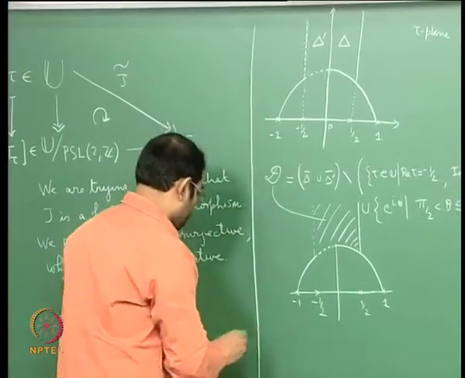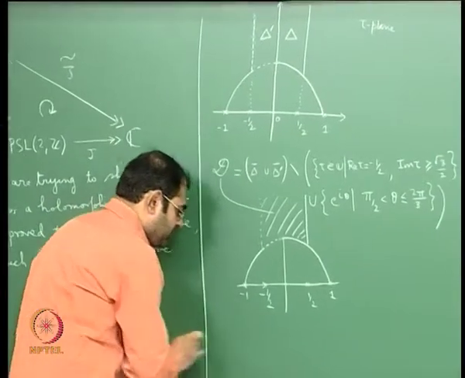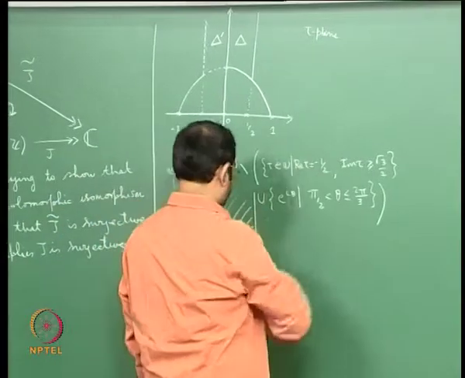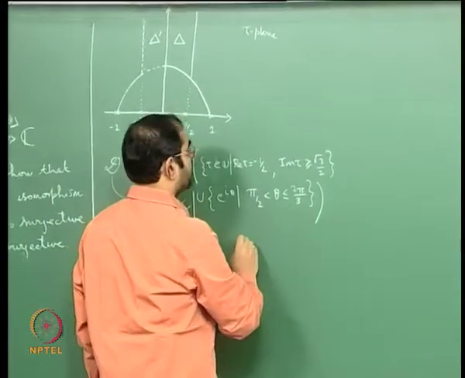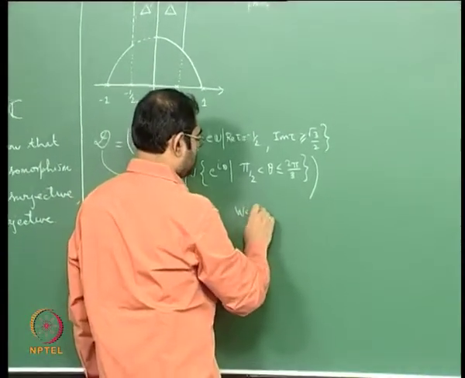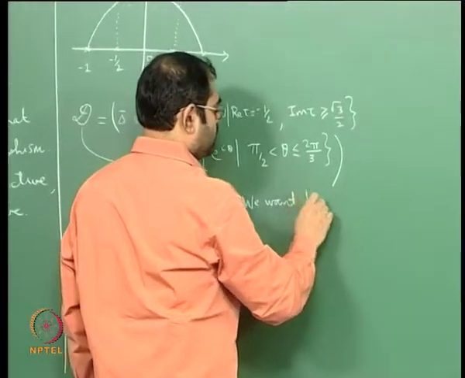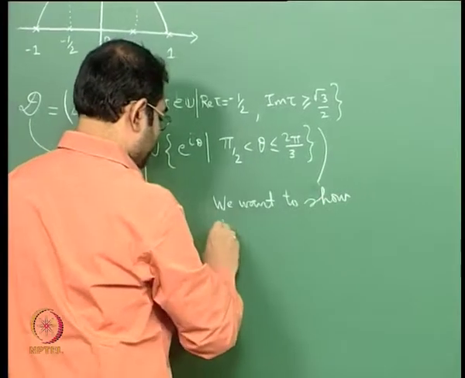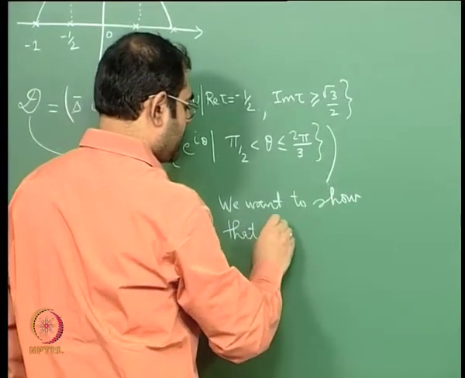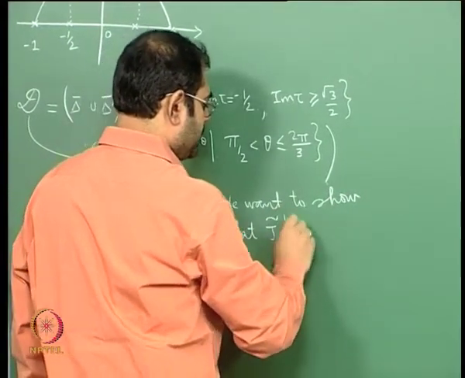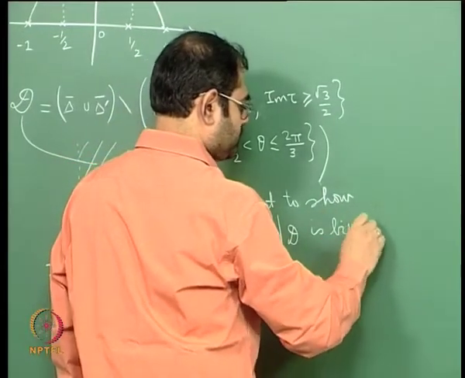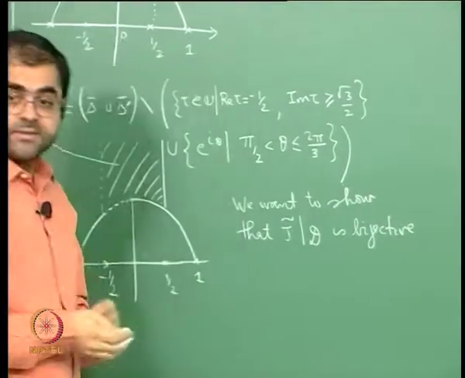So I said the following: we want to show, let me write it somewhere here, that J tilde restricted to D is bijective, okay, among other things, okay.